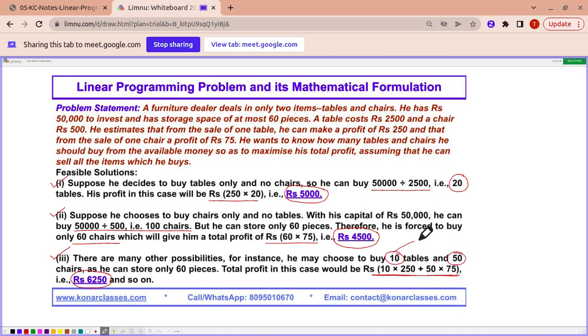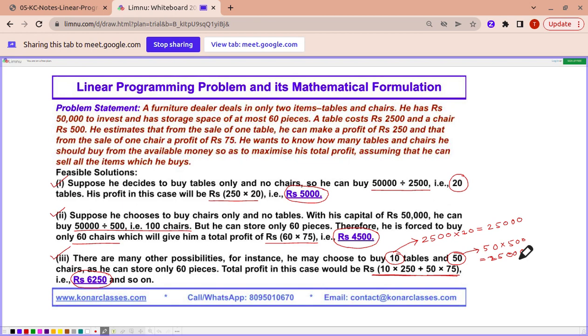The cost price per table is 2,500, so the entire cost price for tables will be 2,500 into 10, that is 25,000, and for 50 chairs it is 50 into 500, that is also 25,000. So the total is 50,000, 25,000 for chairs and 25,000 for tables. But in this case the profit is coming rupees 6,250. So we see there are three different profit margins for three different cases.